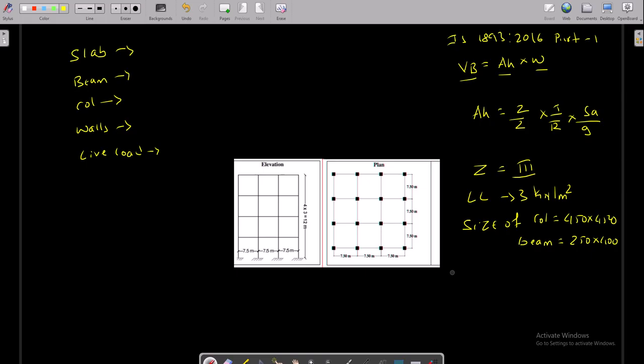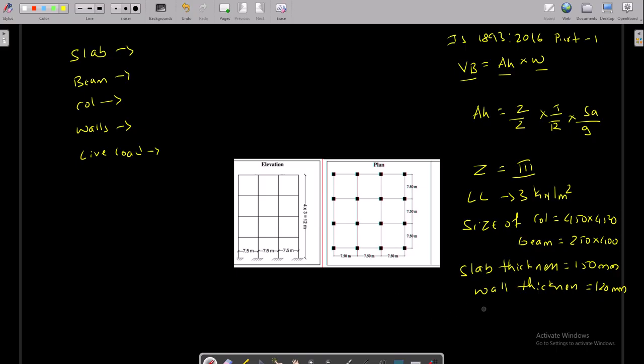The thickness of the slab is 150 mm, and the wall thickness, sorry, 120 mm we can take, which is like a partition wall.